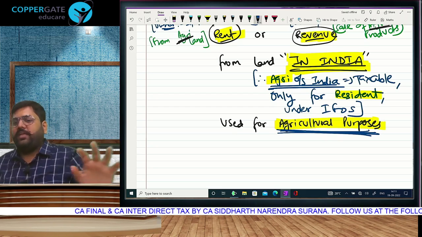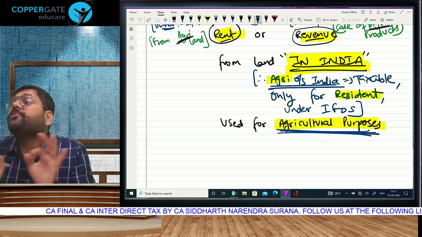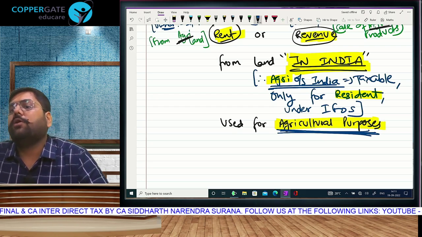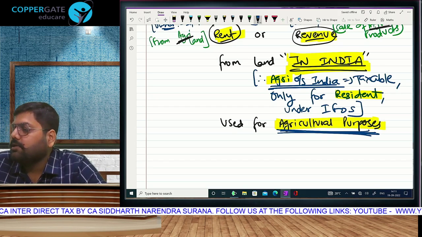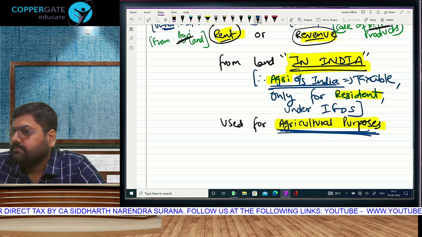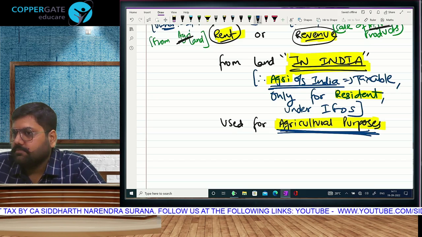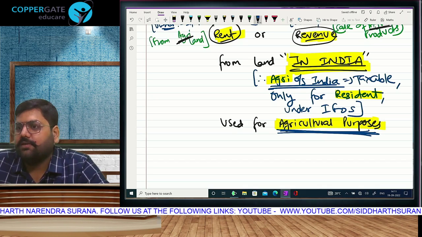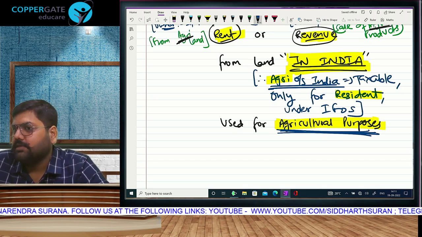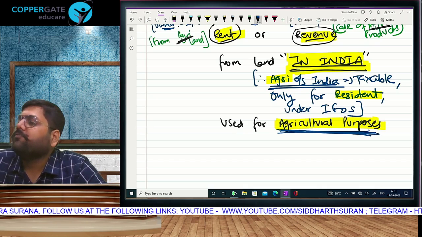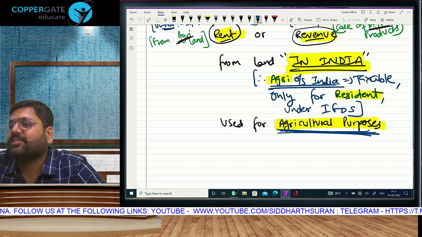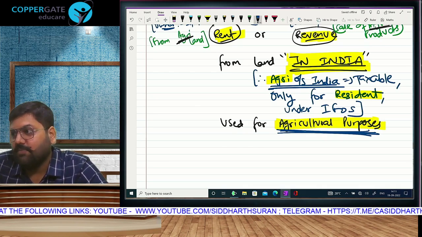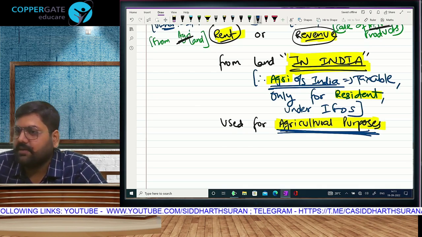If I have to say it in English: rent or revenue from land in India used for agricultural purposes will be treated as exempt income because it is agriculture. So by default you understand, okay, foreign agriculture is not given in the section. That means foreign agriculture will be taxable, but we can tax only residents, we'll tax it under income from other sources.